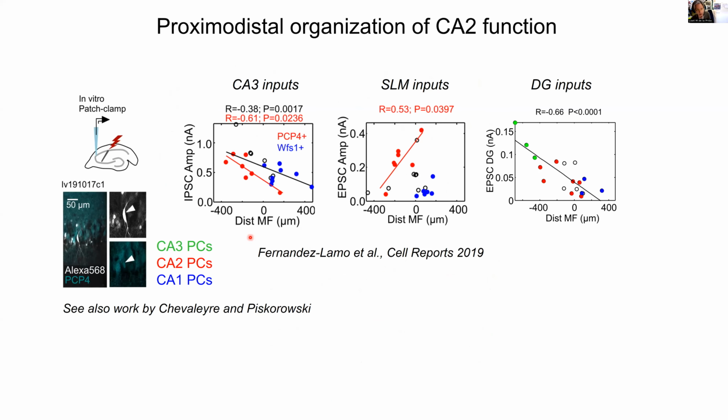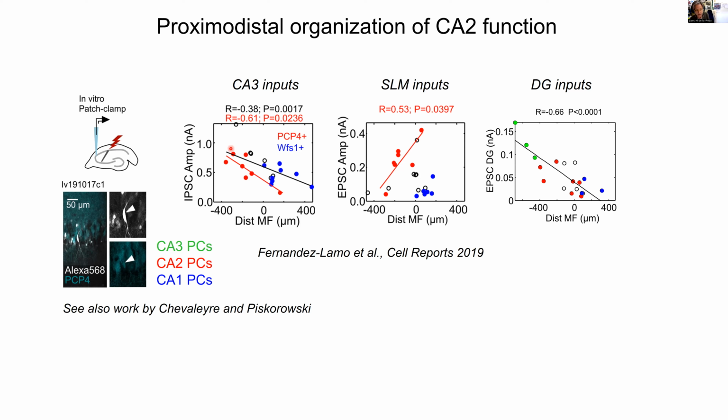So the other thing that was extremely interesting in functional terms was the fact that depending on the inputs, responses were different. So these are excitatory potential amplitudes for the different cells in response to CA3 inputs, stratum lacunosum moleculare inputs, and inputs from the dentate gyrus. We specifically activate these different inputs in slices.